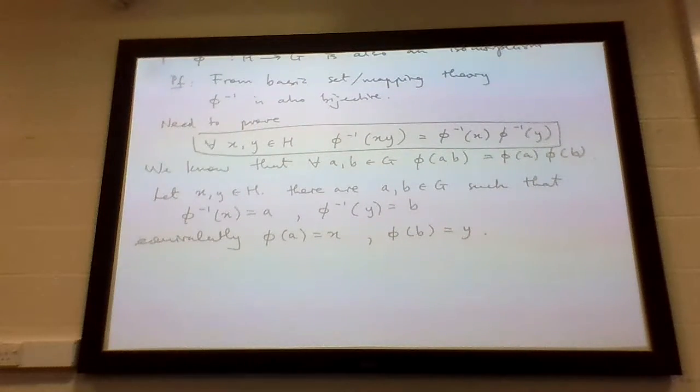And phi inverse and phi cancel. And then we've got substitutions for A and B. A is phi inverse of X. B is phi inverse of Y. And that's exactly the thing I was trying to prove. So I can do it.